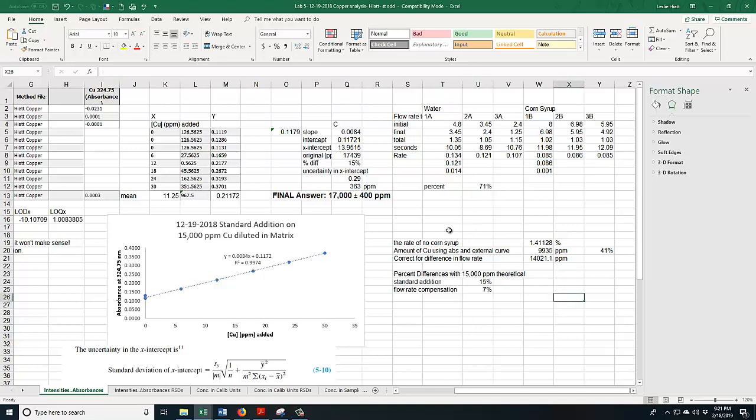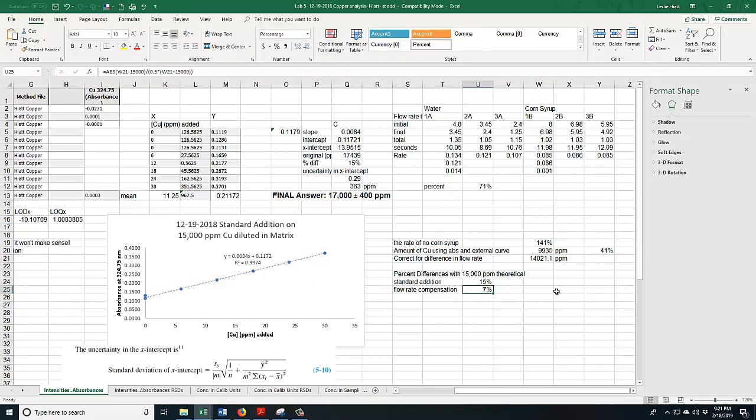So 1 over 71% is 1.41, which is actually 141%. If I multiplied my 9935 times that 141%, I get about 14,000, which is actually a 7% error.